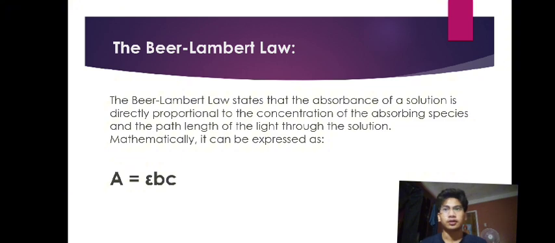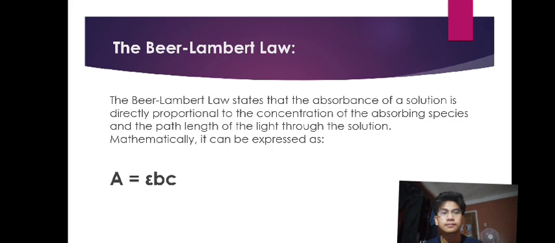The Beer-Lambert law states that the absorbance of a solution is directly proportional to the concentration of the absorbing species and the path length of the light through the solution. Mathematically, it is expressed as absorbance equals molar absorptivity times path length times concentration.